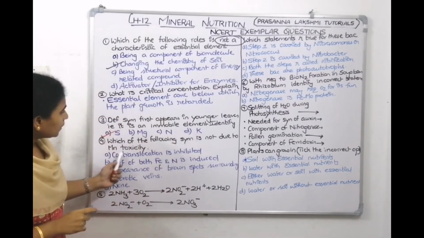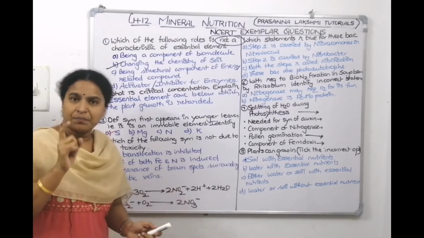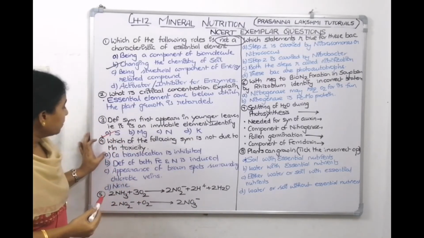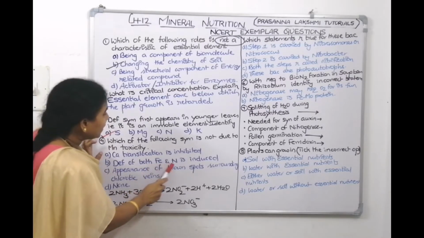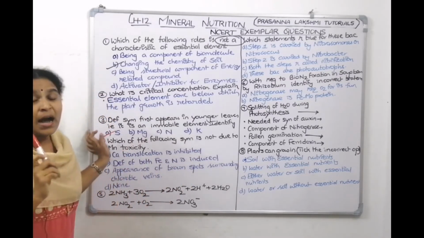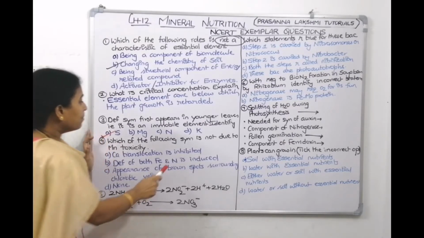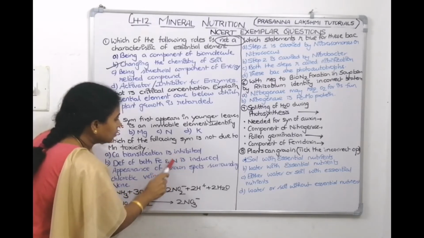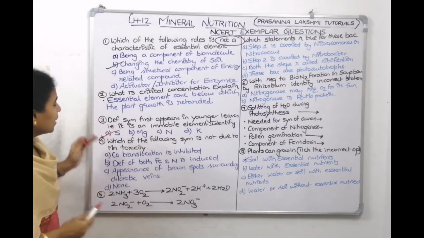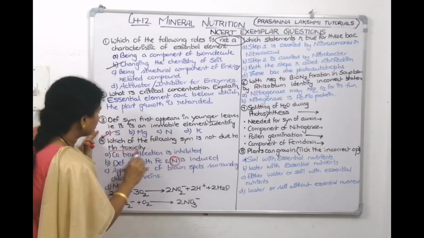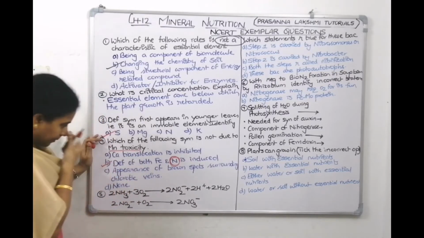So calcium translocation is inhibited, correct? That just now I told you, calcium translocation will be inhibited. Deficiency of both iron and magnesium is induced. Iron deficiency will be induced, magnesium deficiency will be induced, but nitrogen deficiency is not induced. So since nitrogen is there here, nitrogen has no relation with manganese toxicity, this will be the answer.